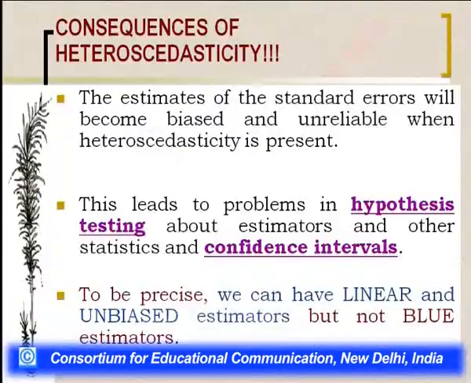Now we will be talking about what the consequences are if we have heteroscedasticity in the data. The estimates of the standard errors will become biased and unreliable when heteroscedasticity is present. Mind it and listen to it once again. Estimates of the standard errors will become biased and unreliable when heteroscedasticity is present.